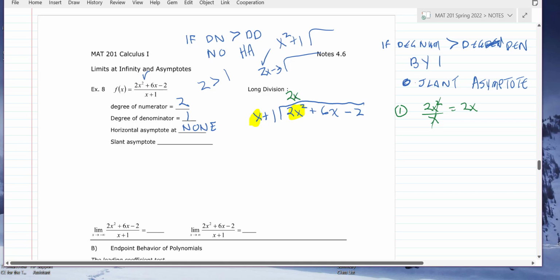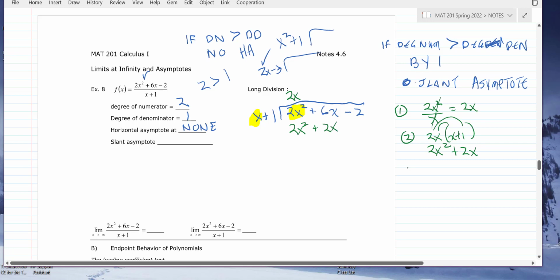Now that'll be a part of your slant asymptote. Step 2 is you multiply. So you're going to take the 2x times the x plus 1. After you get that result, you multiply, and that's a distributive property, so that's going to be 2x squared plus 2x, so I record that directly underneath like that.